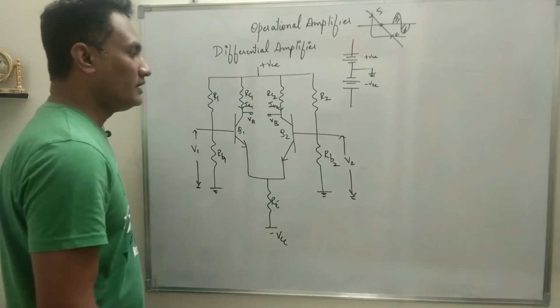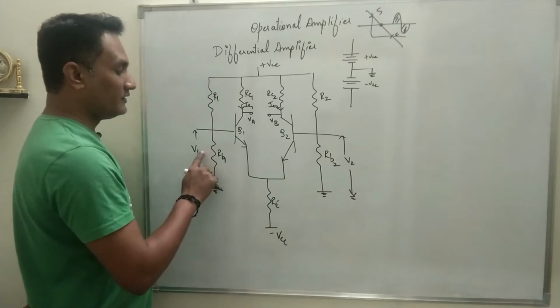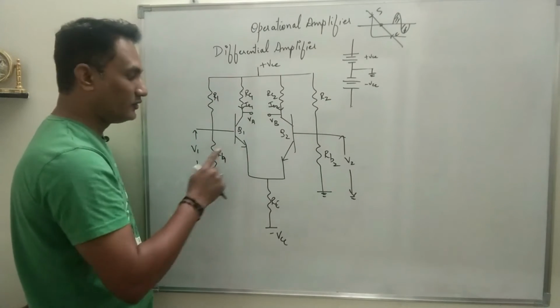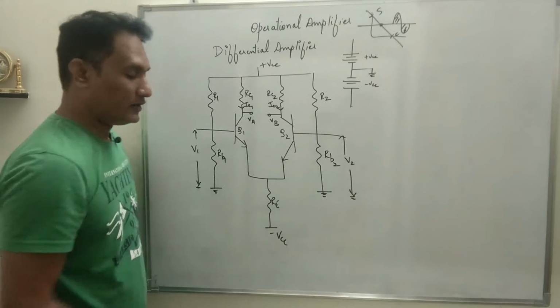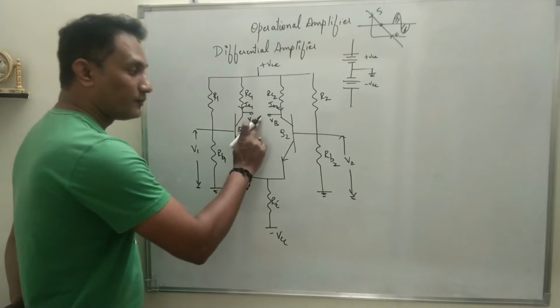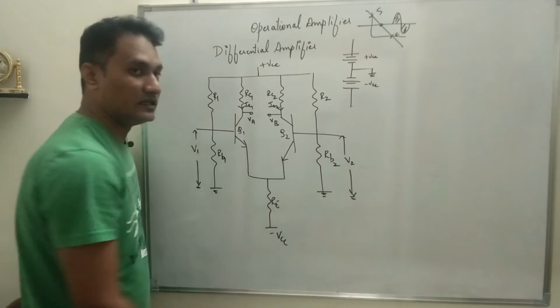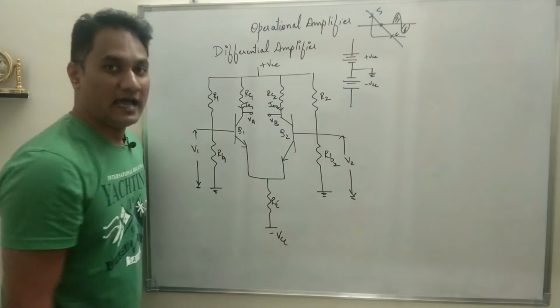Now, by this design, what we can see is that instead of one input and one output, we have two inputs and two outputs. So the output is the difference between the two input voltages. That is why it is called a differential amplifier.